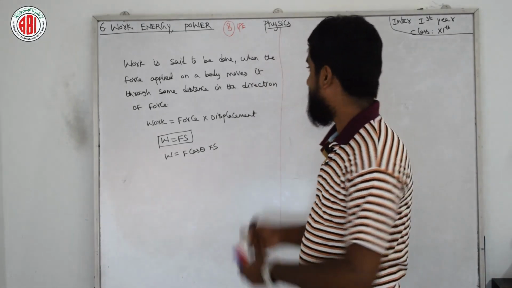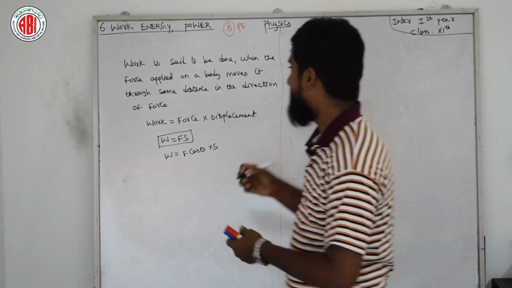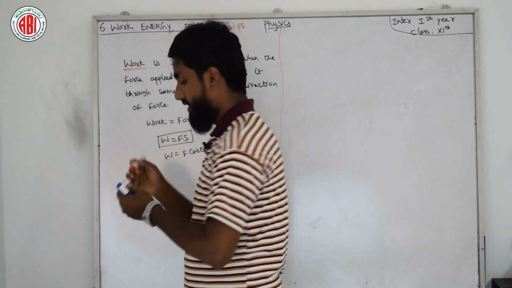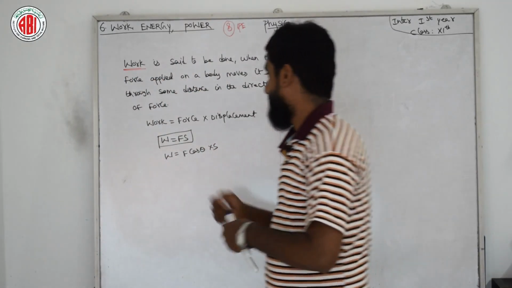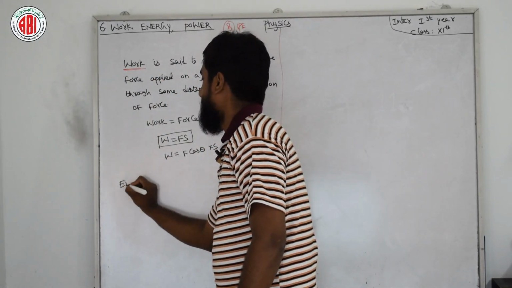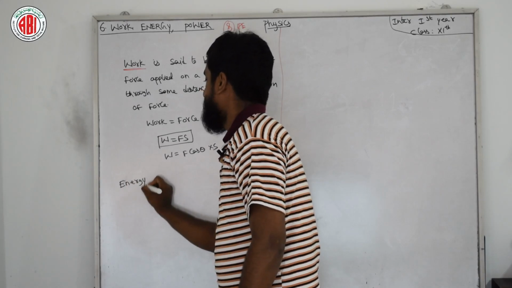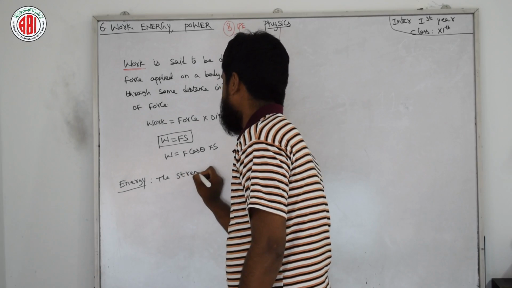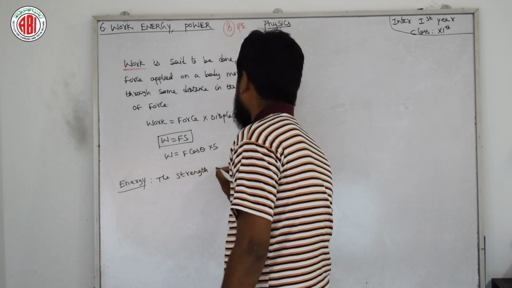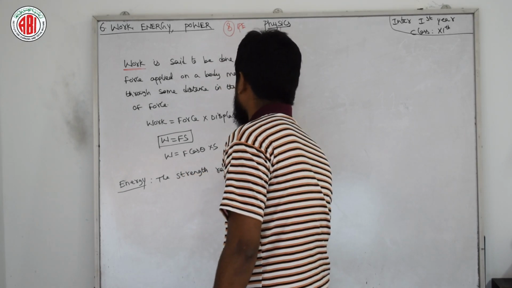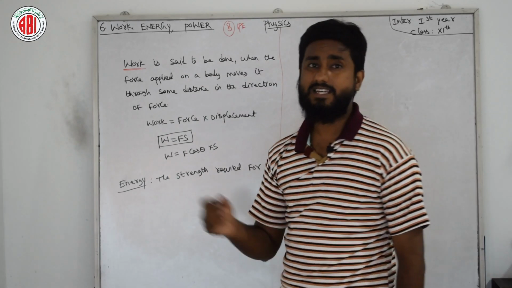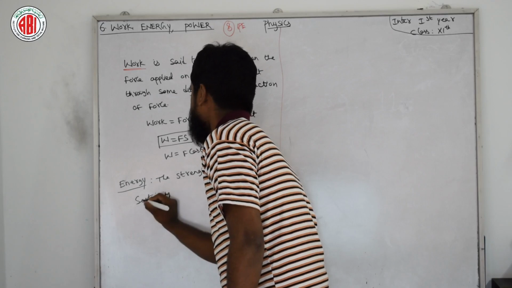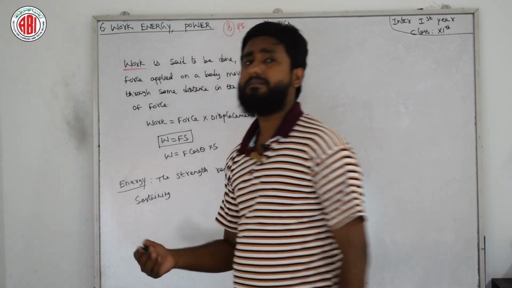Now next we have to know something about energy. For work I underlined with a different color marker. You need to write this definition, very important. Energy is nothing but the strength required for sustaining or surviving physical and mental activities.